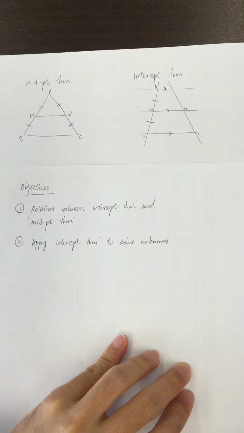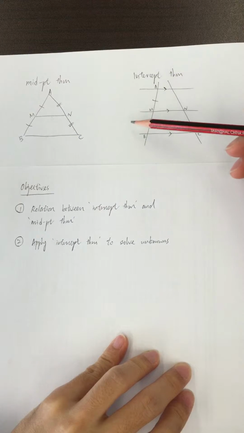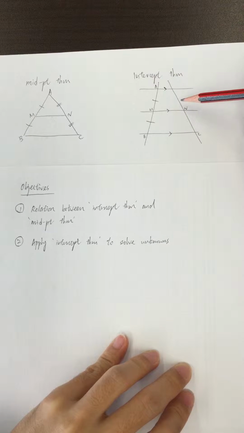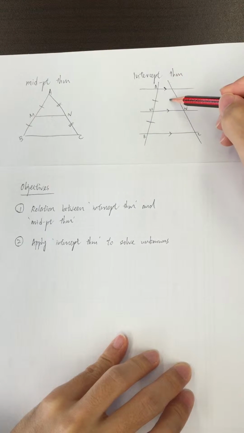So boys and girls, now I would like to change the intercept theorem a bit. I want to apply it in a triangle. So what do I mean? Now imagine I'm going to shift this straight line to the left-hand side.